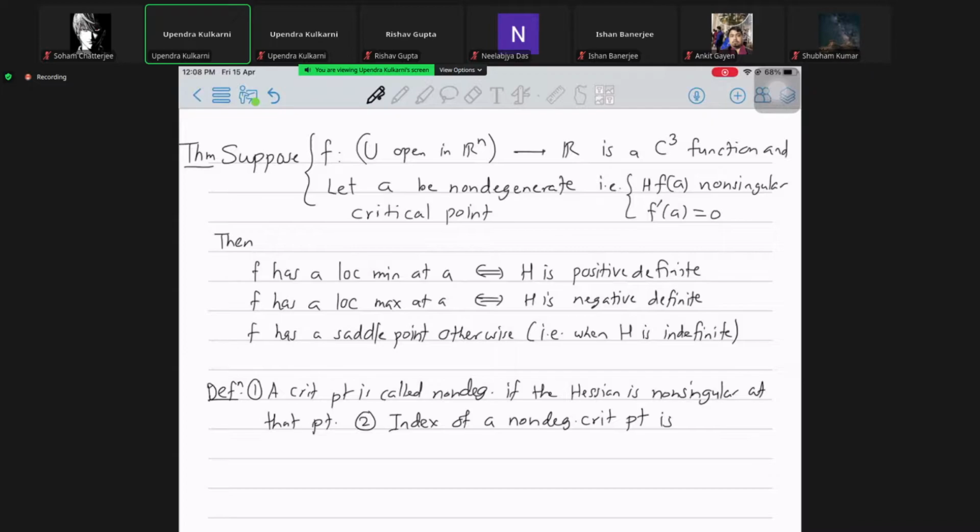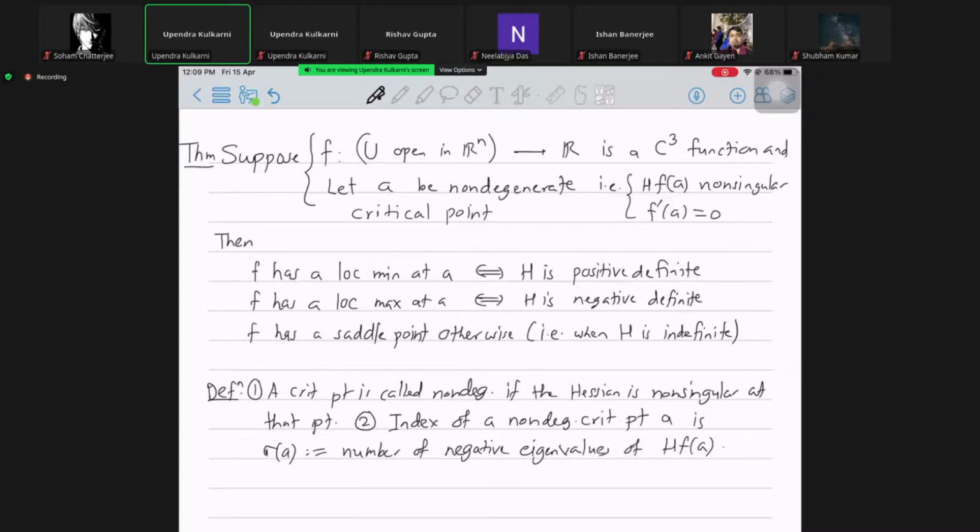Okay. So the index of a non-degenerate critical point, let's call it A, is sigma of A, which is by definition the number of negative eigenvalues of the Hessian of the function at A. So what will happen?